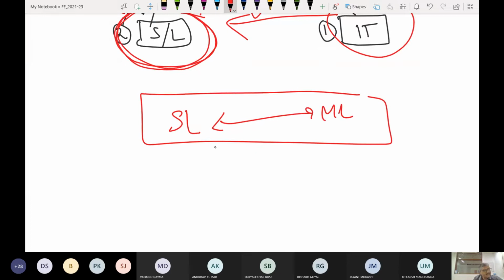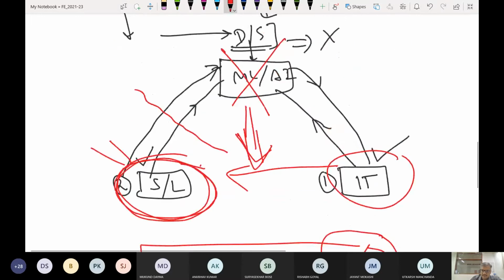It is wrong to say that just because machine learning and artificial intelligence have come, the role of statistical learning is over. It is absolutely not correct. Rather, it is more correct to say that if you want to really become good at machine learning or artificial intelligence, you need to be reasonably good at IT, but ultimately you have to have a good understanding of statistical learning also.